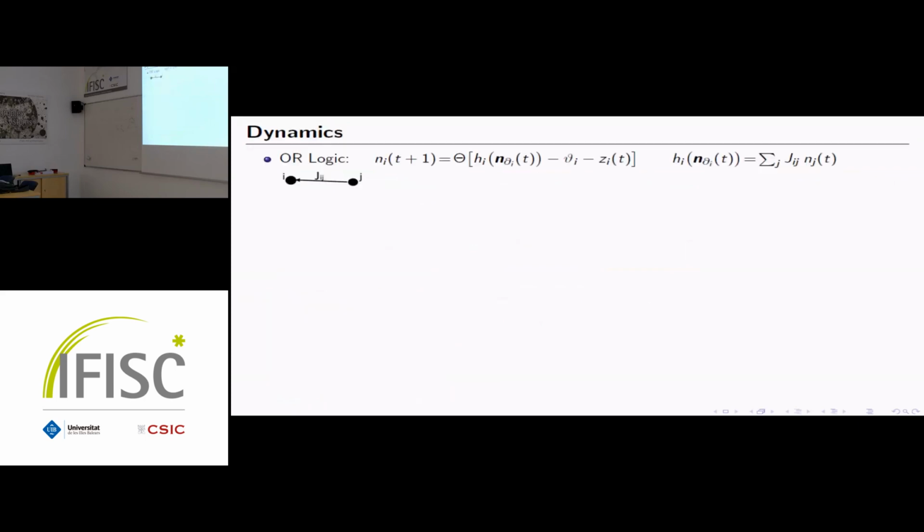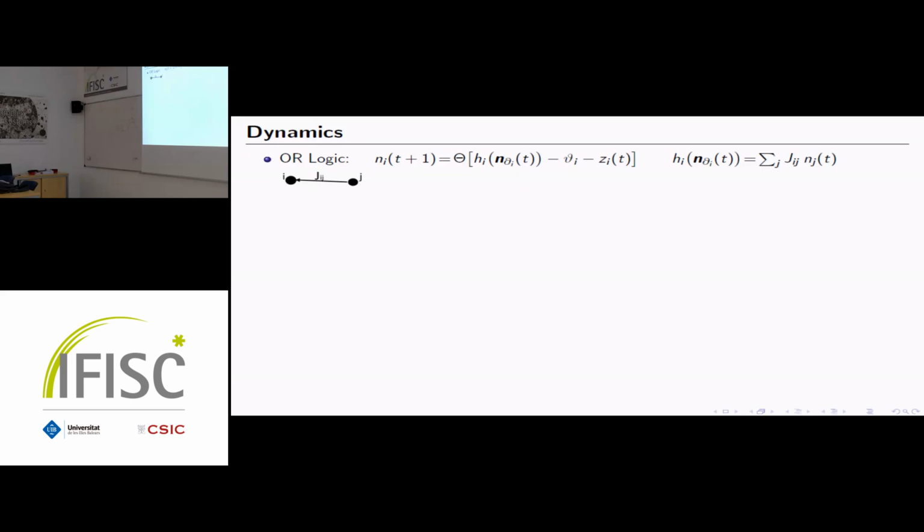So I will illustrate this for the OR logic first. As a reminder, we have gene expression dynamics like this, where for the OR logic, the signal that the gene receives is just this quantity.